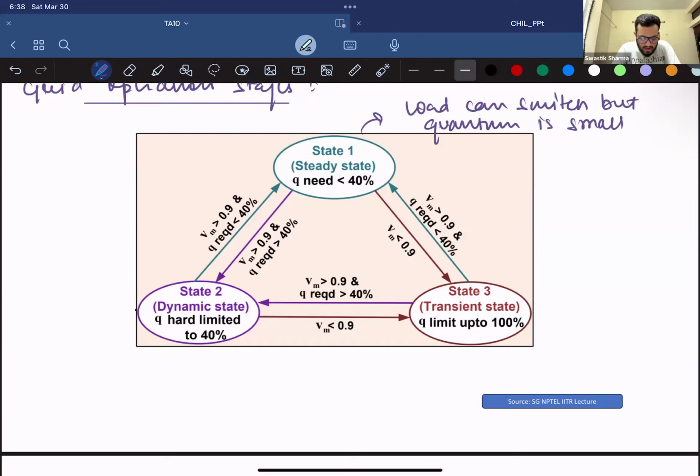Although you have a very high reactive power available to you, since the quantum of load switching is very small, the Q needed is less than 40%. And your voltage is in feasible band.